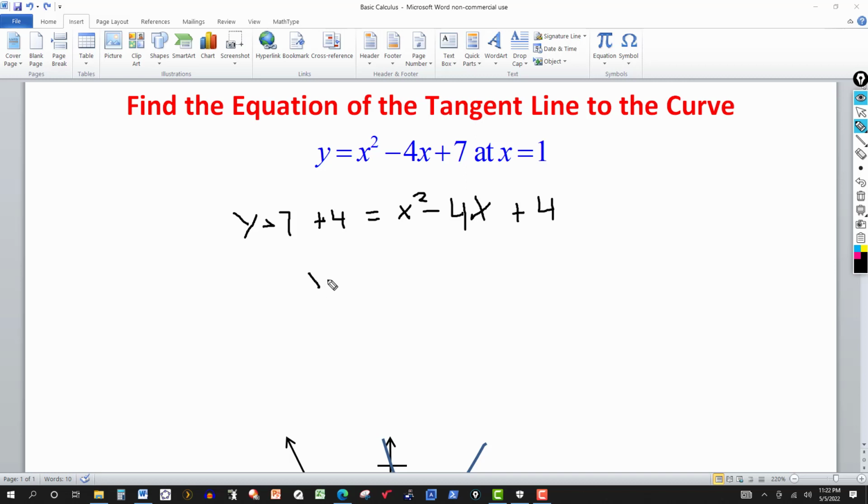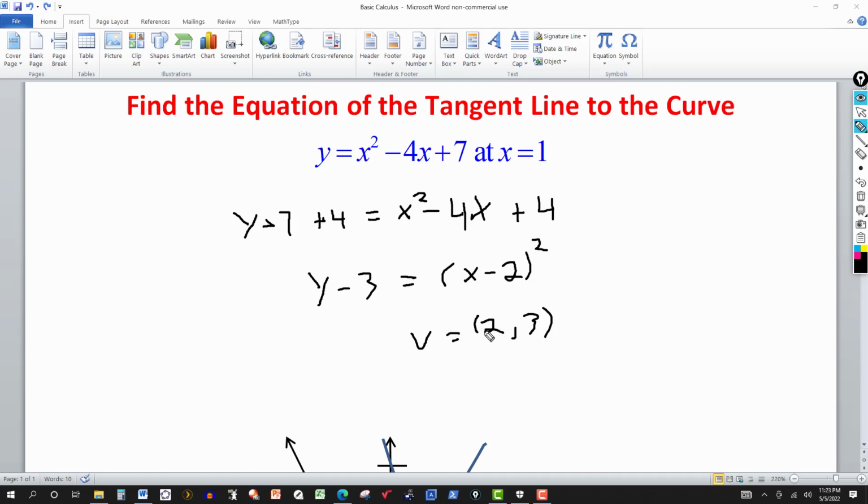So this becomes y minus 7 plus 4, which is y minus 3. Over here we got a perfect square, so this becomes x minus 2 times x minus 2, or in standard form x minus 2 squared. This would be x minus h and y minus k, so the vertex for this one is at 2 and 3, and the parabola opens up.